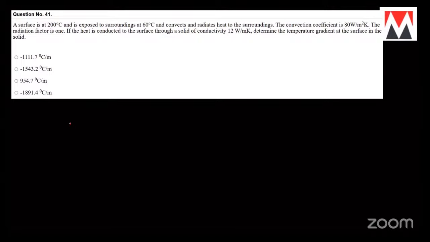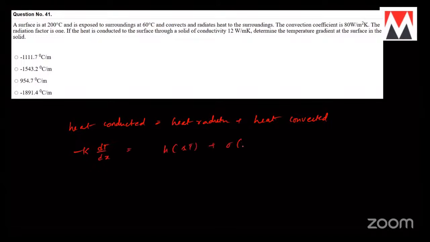So you have heat conducted equal to heat radiated plus heat convected, right? So you have minus k into dT by dx equal to h into delta T plus sigma into (T1 power 4 minus T2 power 4).